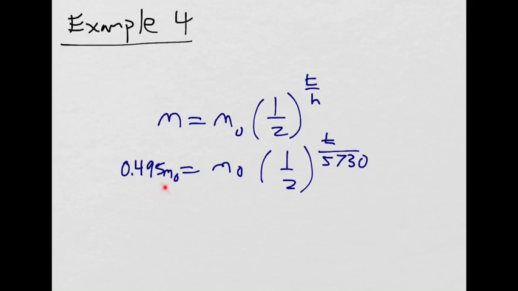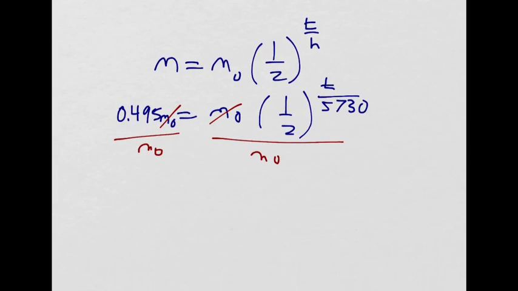You could put in 5 for m naught if you wanted, or 10 for m naught, but it wouldn't matter, because since they're on either side of the equation, I just divide both sides by m naught, so it disappears anyway. So you're left with 0.495 equals one half to the t over 5730.